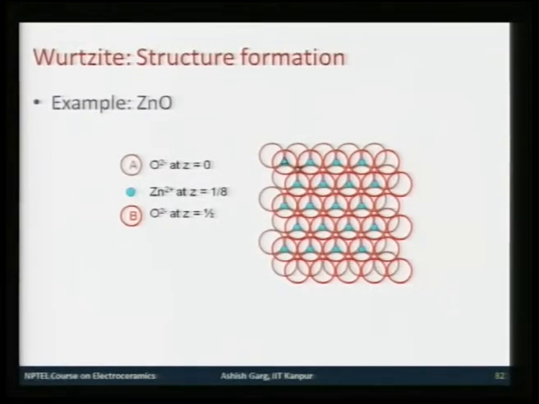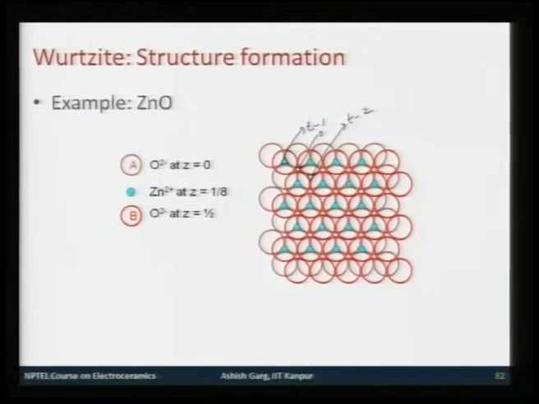Now, what will be the other tetrahedral site? The other tetrahedral site is this. So, this would be tetrahedral of one type, this is the tetrahedral of second type, this would be octahedral, which is empty. So, these sites labeled as T2 will remain empty.